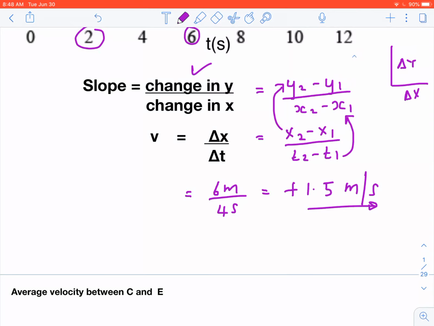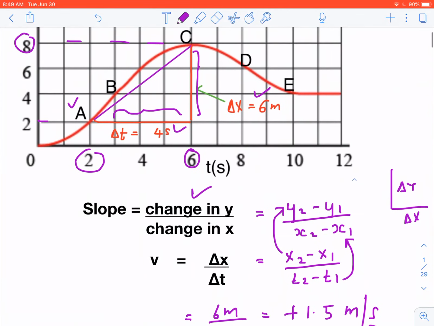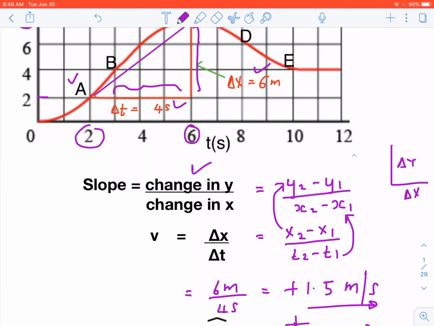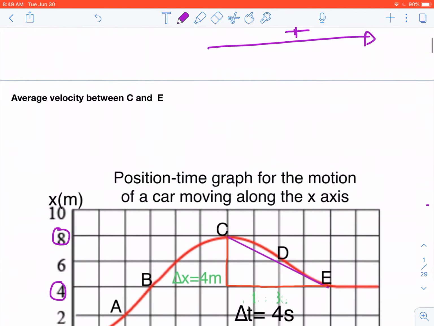So if that direction is plus, that means the average velocity is in that direction. Here we took the slope of that line, change in x upon change in t, and the slope is positive.